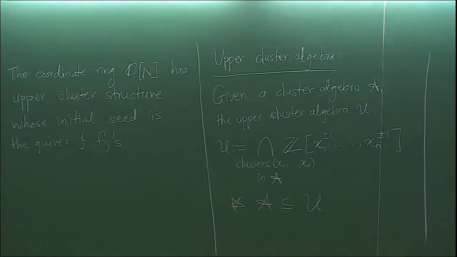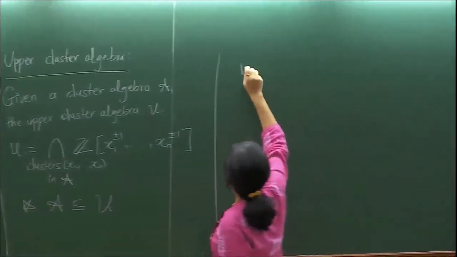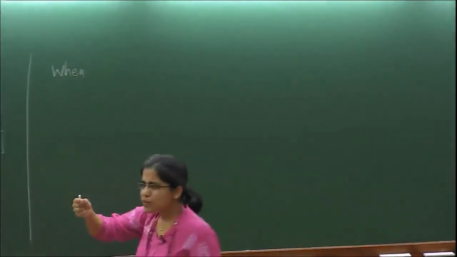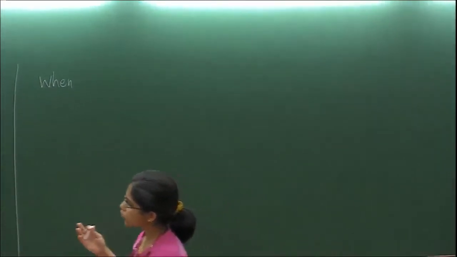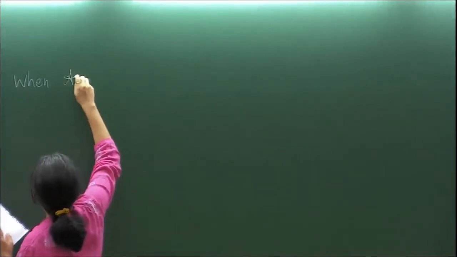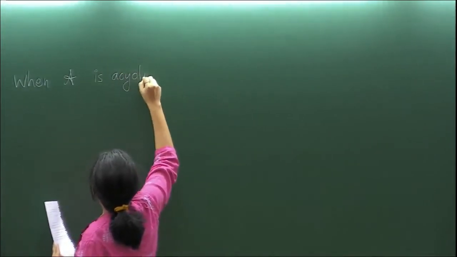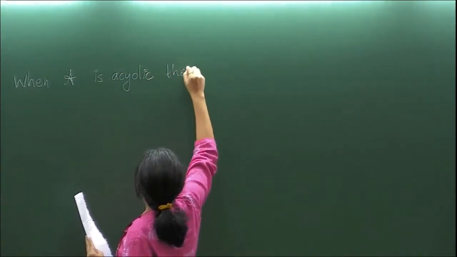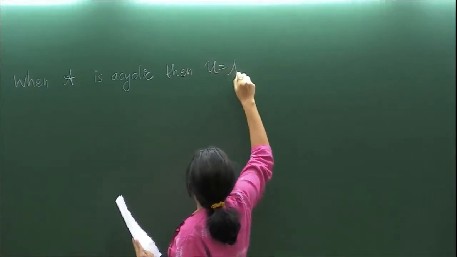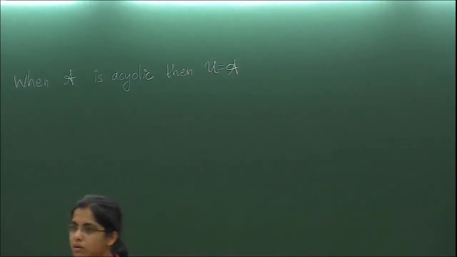Okay. So there are a few cases where it's shown that these two are actually equal. Sometimes it's easy to say, sometimes it's not. But one of the easier things is if A is acyclic, then these two are equal. For example, A3 or D3, simple cases, or ADE type.